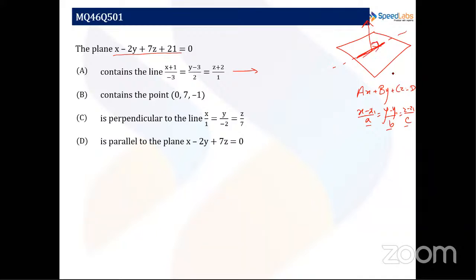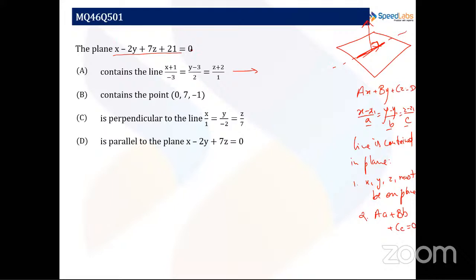These two are perpendicular. If we say the line is contained in the plane, then it must follow two conditions. First, x1, y1, z1 must be on the plane, so that should satisfy the equation of the plane. And secondly, aA plus bB plus cC should be equal to 0.